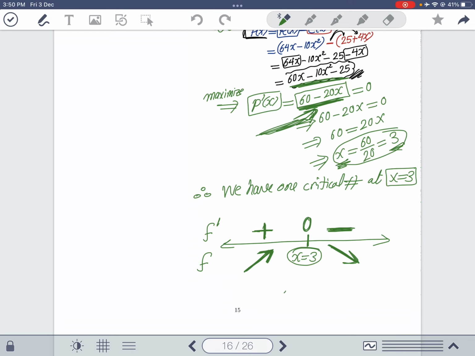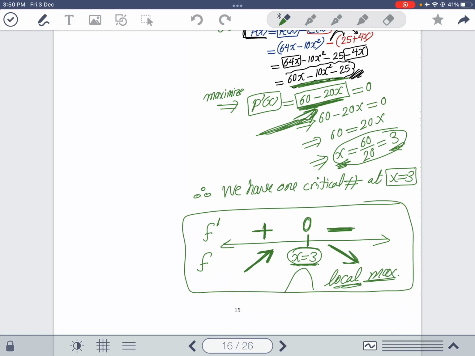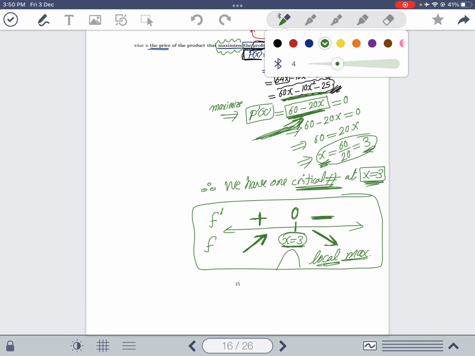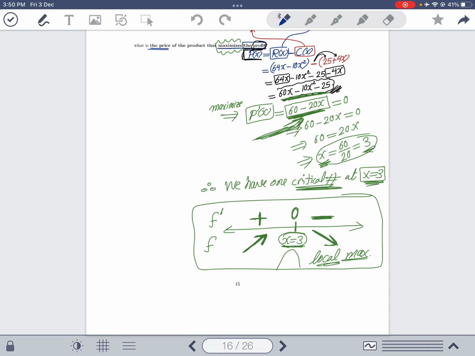This means that this point at 3 is a local maximum. This is one way of showing it. Once you know that you have a critical number at this point, it means a 0 of the derivative or a place where the derivative doesn't exist. And in this case, this is the first method, for example.